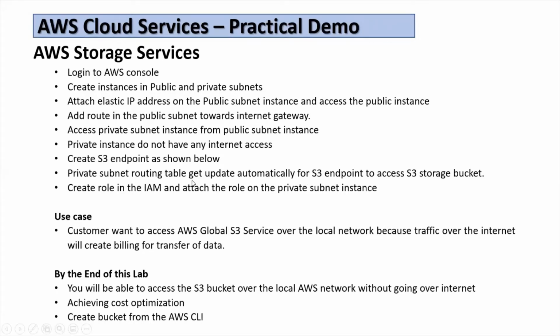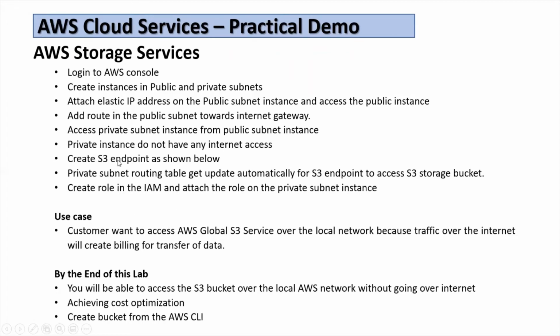To avoid those charges, we have an alternative: creating an S3 endpoint. We have already created the instances, and you can follow the steps for creation of instances in public and private subnets. We are going to access this S3 bucket from our private subnet, from the instance that does not have internet access, so that the traffic does not flow towards the internet.